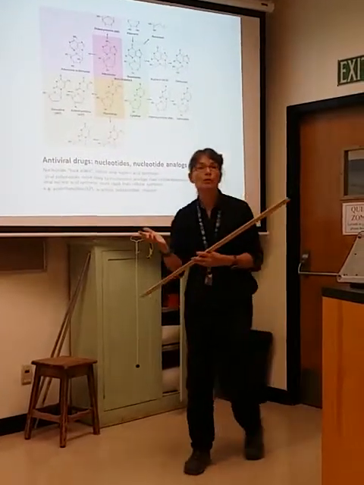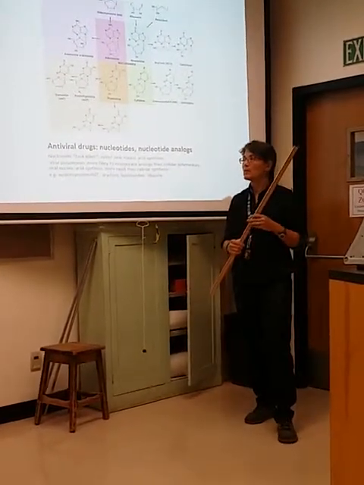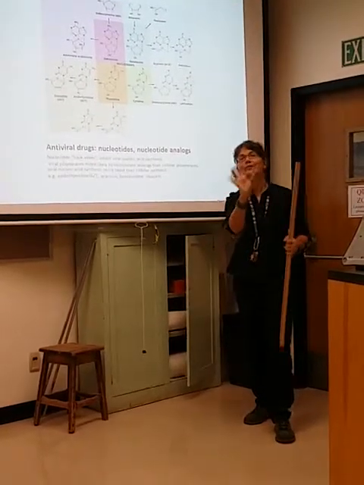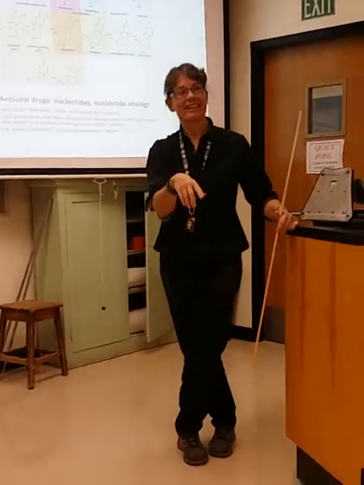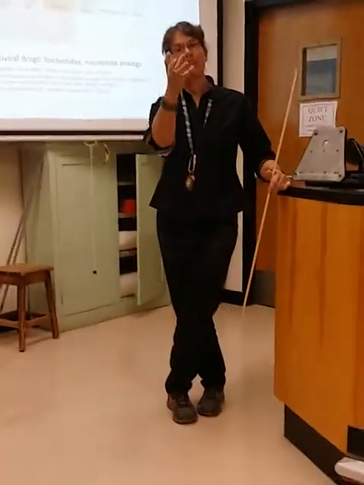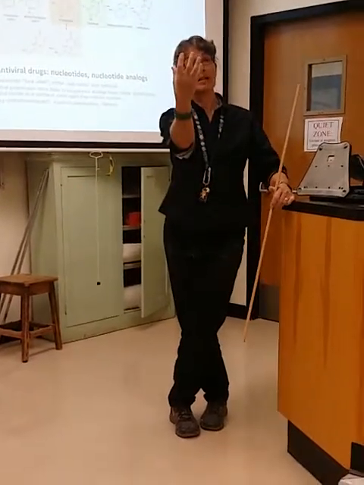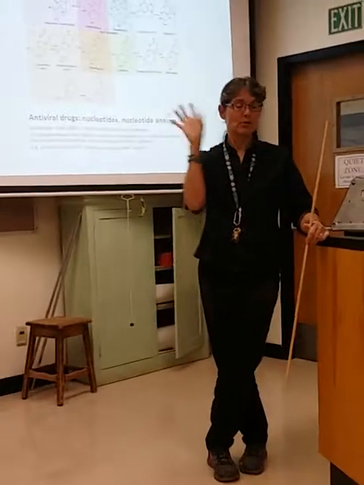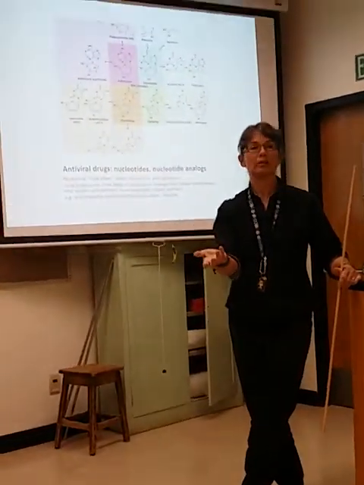But they are abnormal in some way. So for example, some of the analogs will lack a 3' hydroxyl group. And I know you guys, you're probably like, what is she talking about? But if you go back and look at DNA replication, we said you have to have that free 3' hydroxyl group for the incoming nucleotide to be added, right? So one approach is that you use an analog where there isn't a hydroxyl group on the 3', it's just a hydrogen, right?